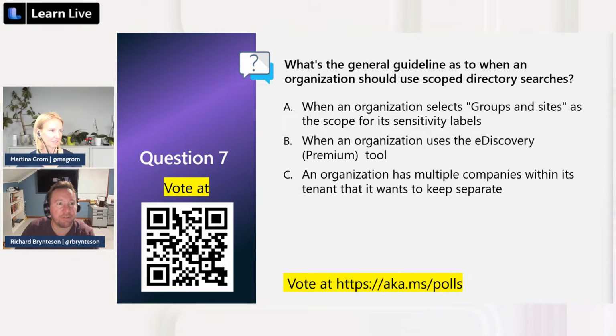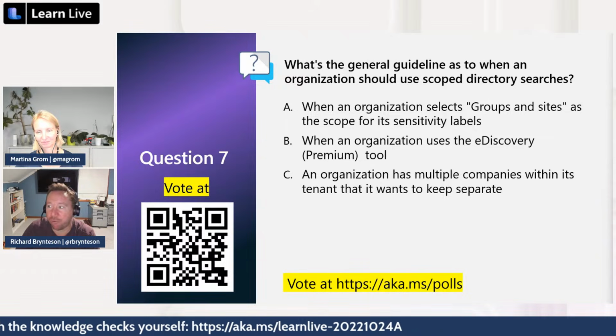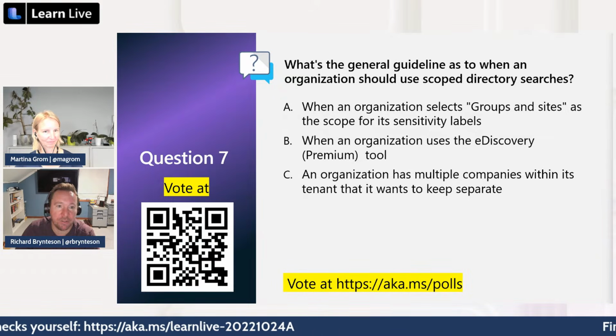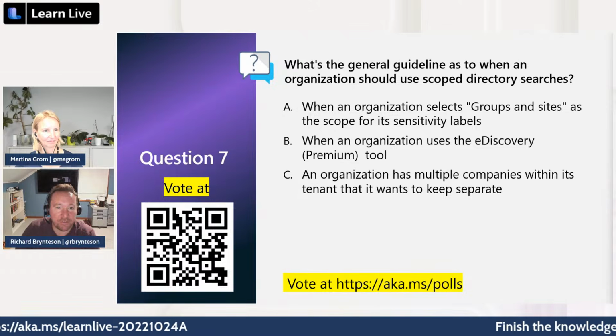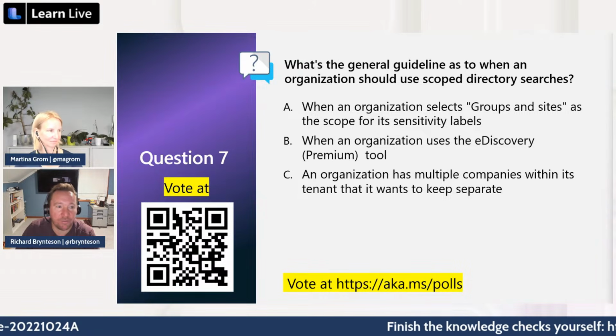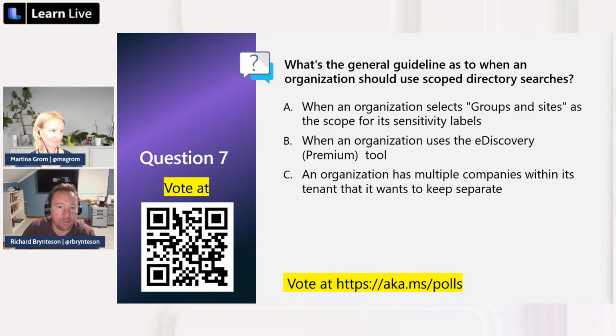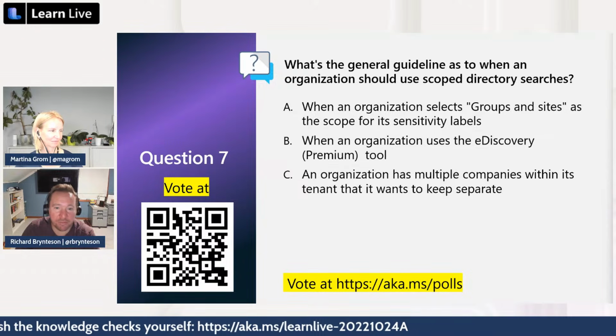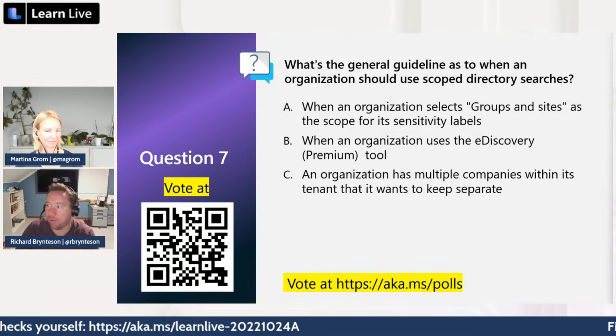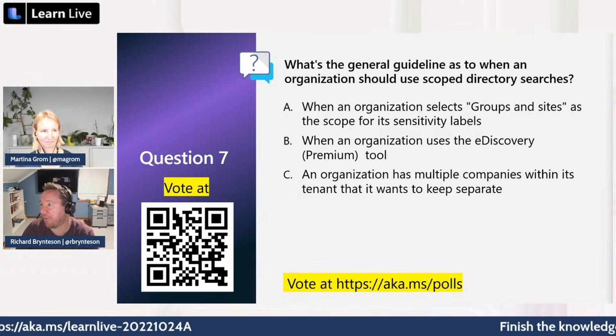Question number 7. All right, what's the general guideline as to when an organization should use scoped directory searches? Is it A, when an organization selects groups and sites as the scope for its sensitivity labels? Or B, when the organization uses eDiscovery Premium? Or C, when an organization has multiple companies within its tenant and wants to keep them separate?